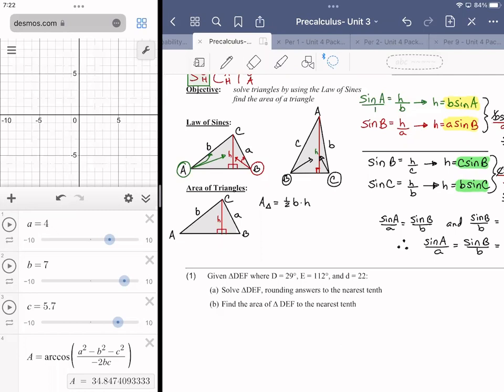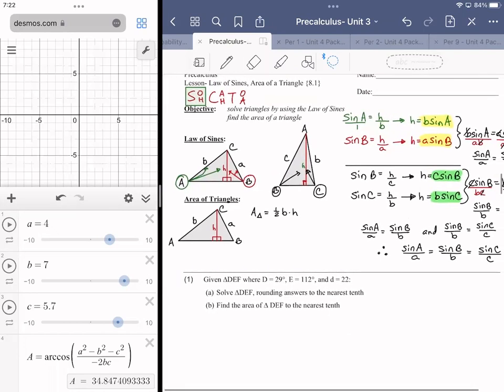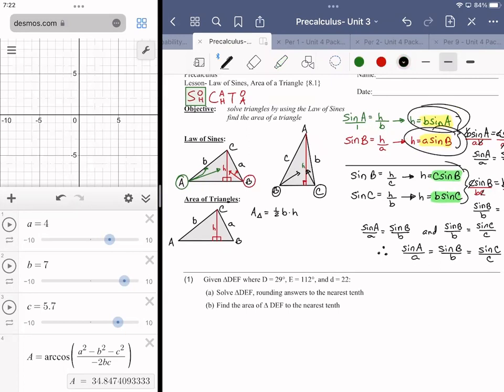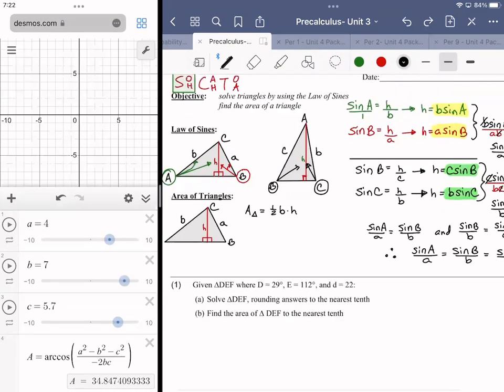But what we have here are 4 different ways, here, here, here, and here, to represent the height of the triangle. So the base, that B value, I'm going to revise what I wrote here.